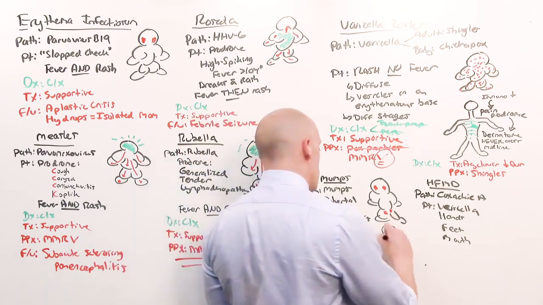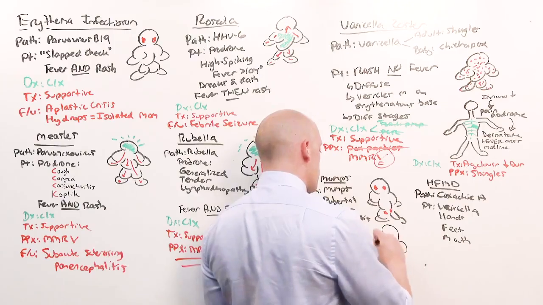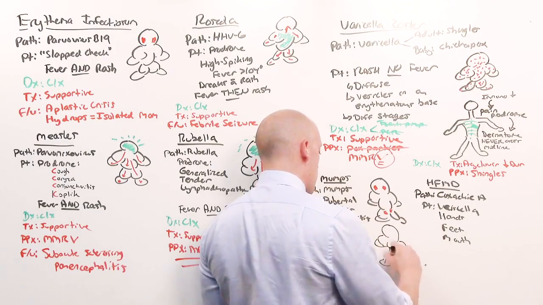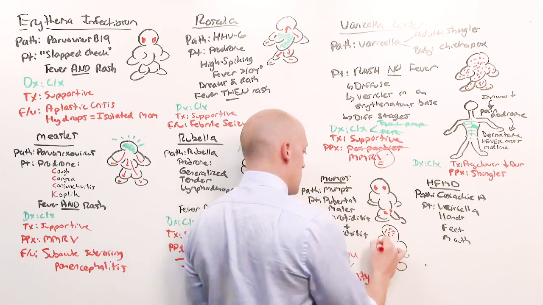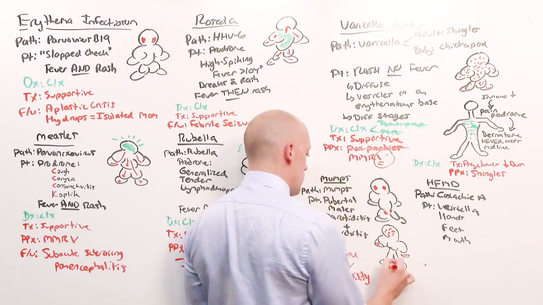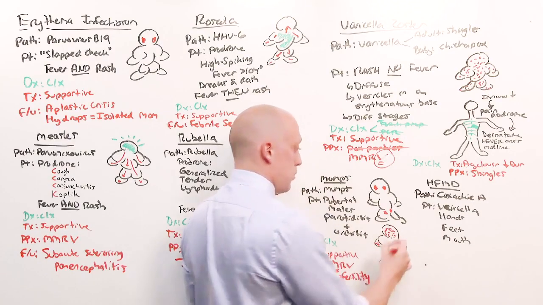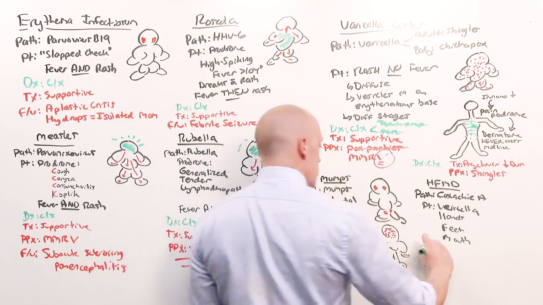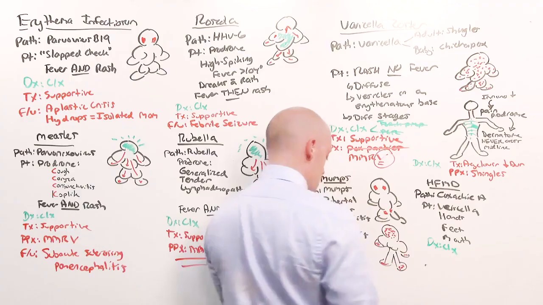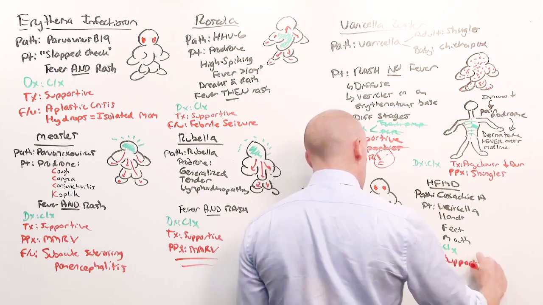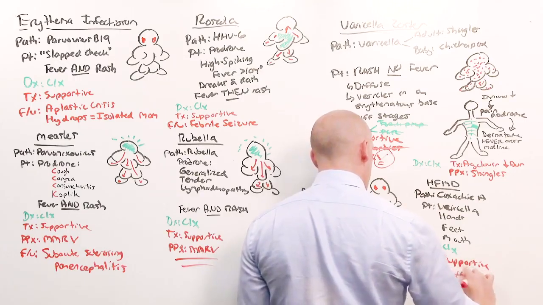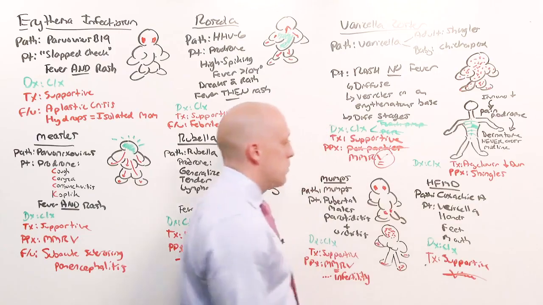So what this is going to look like, these vesicles on the hands, feet, and face, or mouth. The diagnosis is clinical, the treatment supportive, and there is no vaccine for hand, foot, mouth disease.